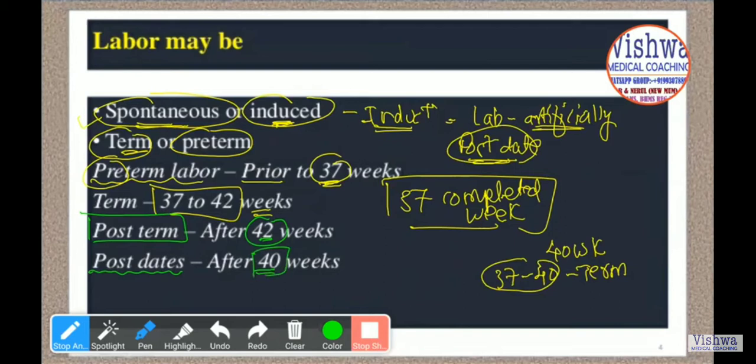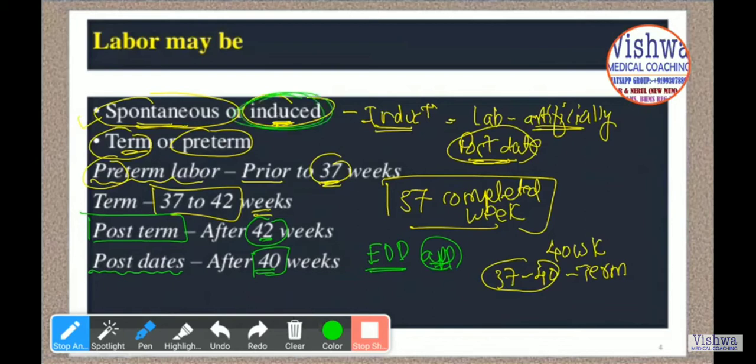Remember, these calculations are very important so that we can take efforts to deliver the baby earlier if the baby has some problem, because as the expected date of delivery, EDD, approaches, certain complications can start occurring in the baby, and because of that sometimes we may have to induce the labor.